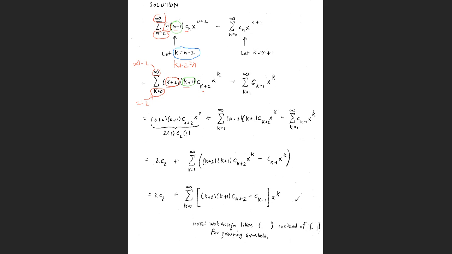Okay, and then for the second power series, you start off at n equals 0, but since k equals n plus 1, that equivalent power series will start off at k equals 1. And if k equals n plus 1, then k minus 1 will equal n. And so that's how we get the k minus 1 here.